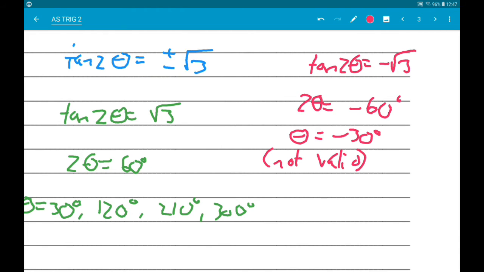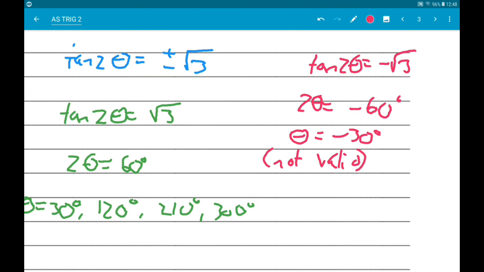So theta equals minus 30 is not valid. Now, as with the one on the left, to get to the other solutions, we just add 90.